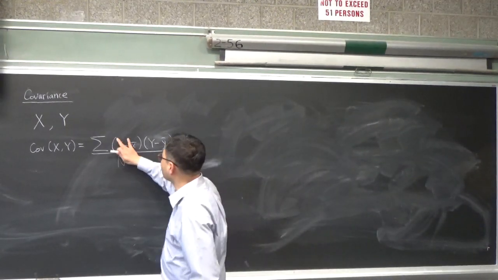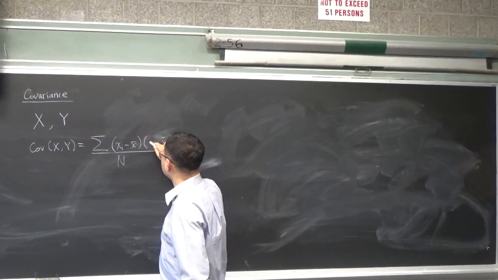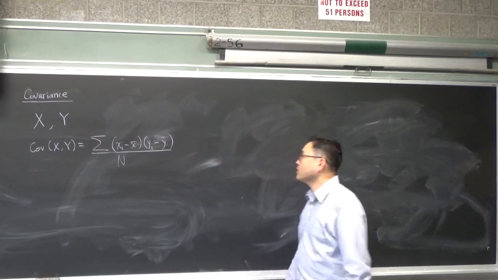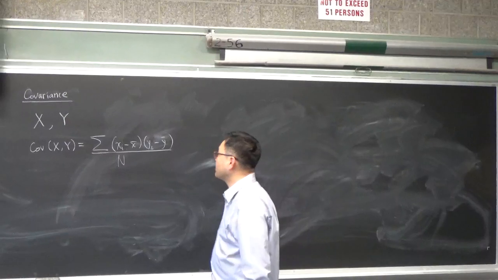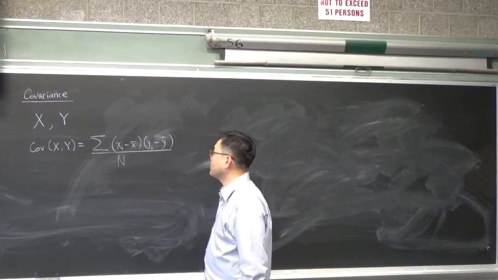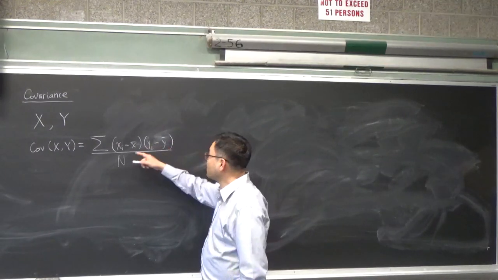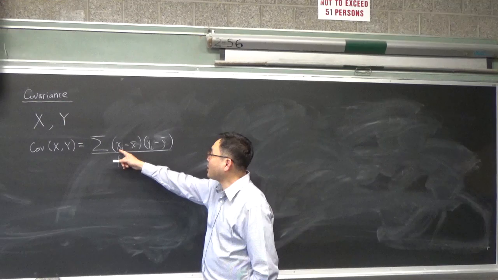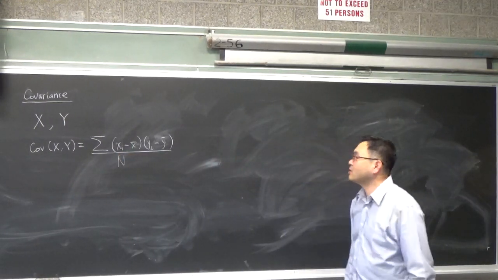Actually, I should really do xi. I'm a bit mixing up the actual samples and the random variable itself.